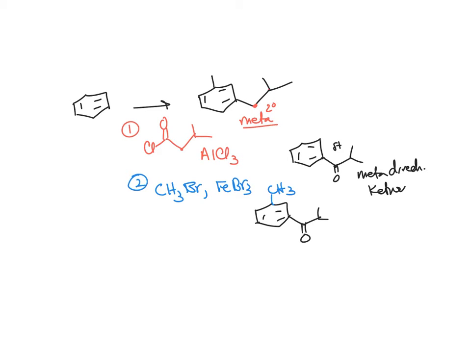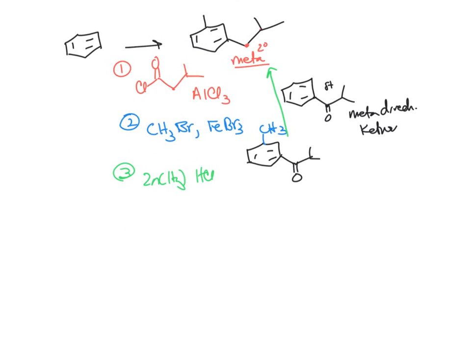And then we'd have to reduce with zinc mercury HCl to give you your product. So those are the 3 steps. I said you could change that. If you wanted to try to go from here to there, how would you do it? Tricky.